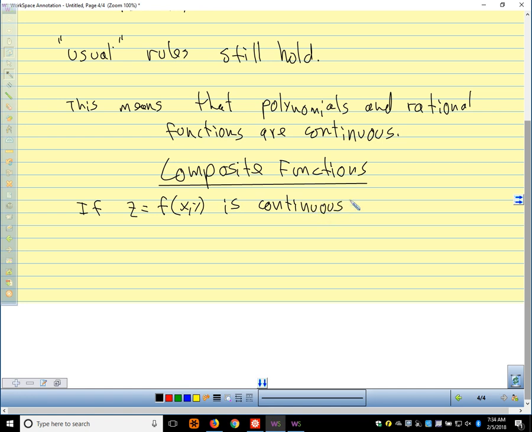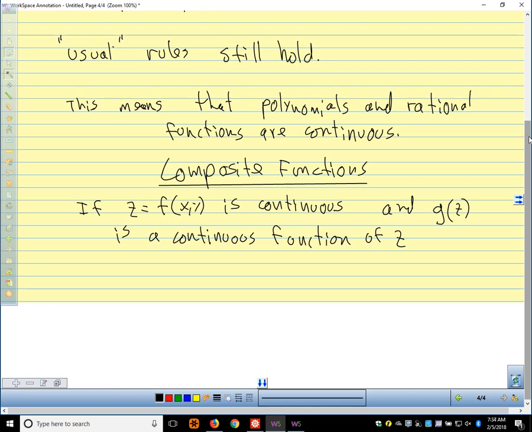So we have a continuous multivariable function. And g(z), a function of a single variable, is a continuous function of z. So f(x, y) is a multivariable function. Our output is a single variable. And g is a single variable function, and we're plugging z into that function.